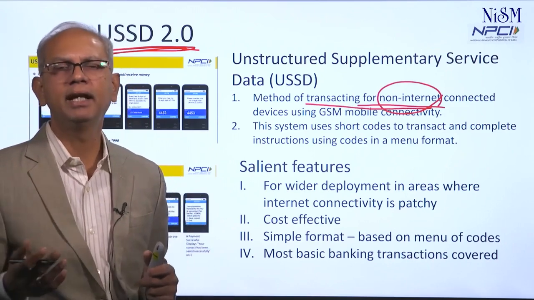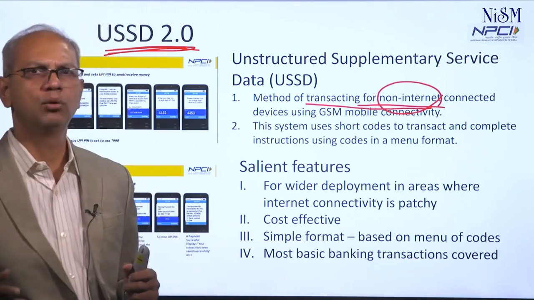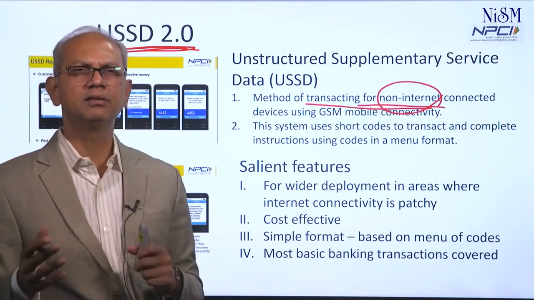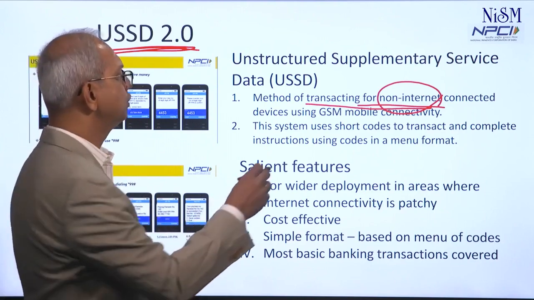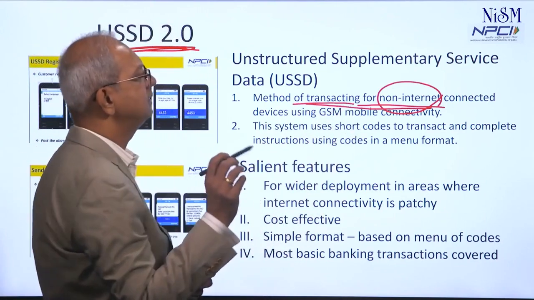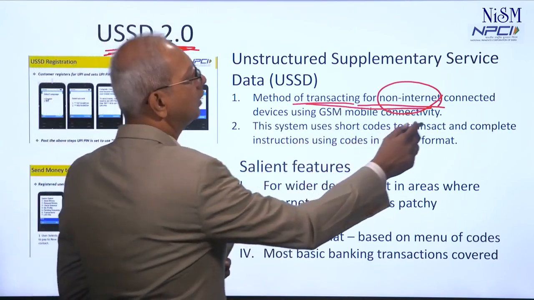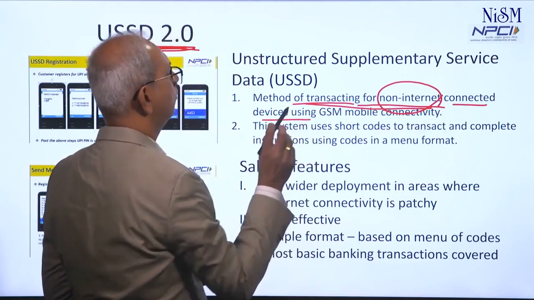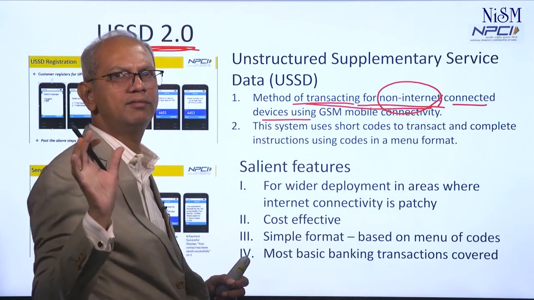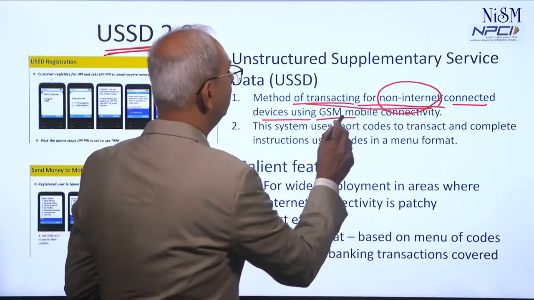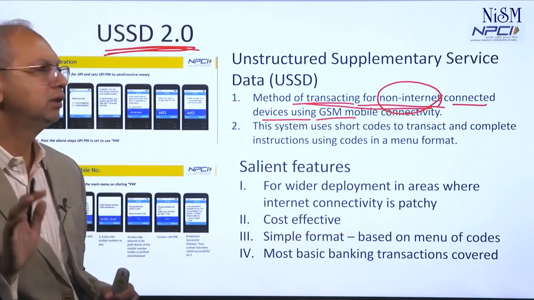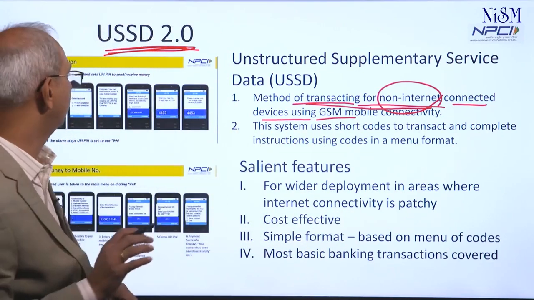Definitely not a high speed network, not 4G or 5G, sometimes 3G, sometimes that also is not available. When internet connectivity is an issue, this is a method of transacting. If the devices have just GSM connectivity, the voice connectivity, then you can do transactions using the USSD 2 platform, right?